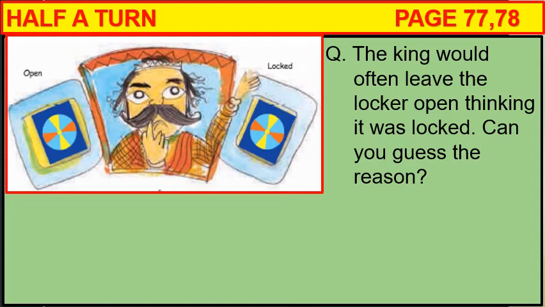So the king often got confused. He didn't know whether the locker was open or locked. So the locker was left open many a time, thinking that it was locked.